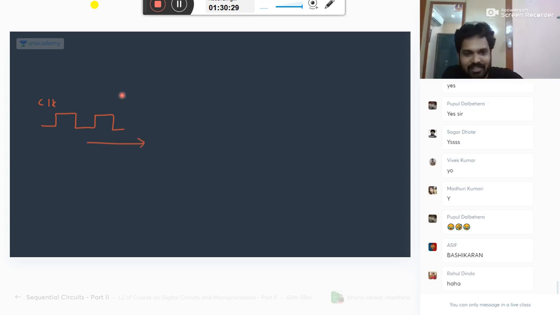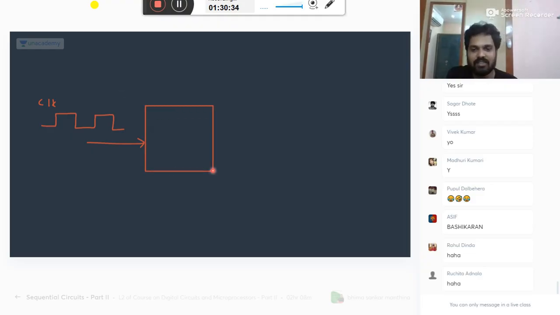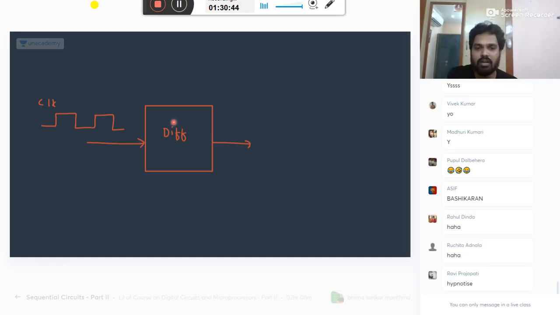Now I apply this to a differentiator, an RC differentiator. What is the differentiator? A high pass filter, some kind of that circuit.